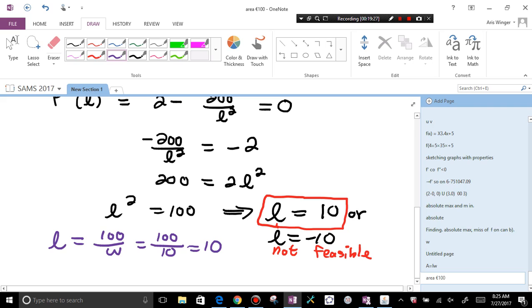I'm sorry, we found L, we're solving for W. Oh, W, that's right. W is 100 over L. Again, the square. We should get the square.